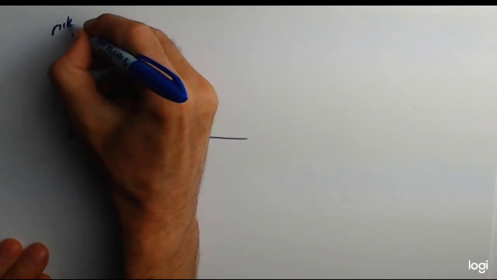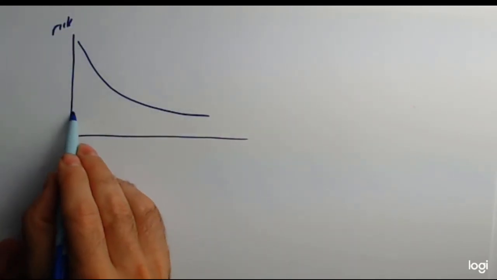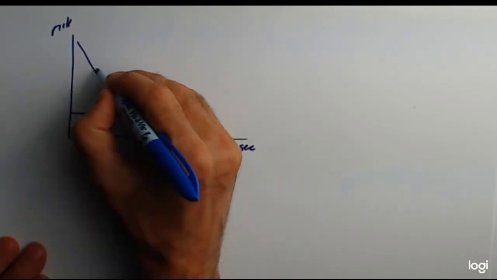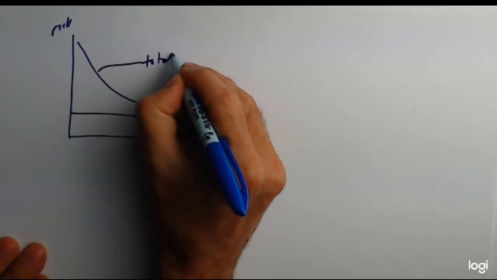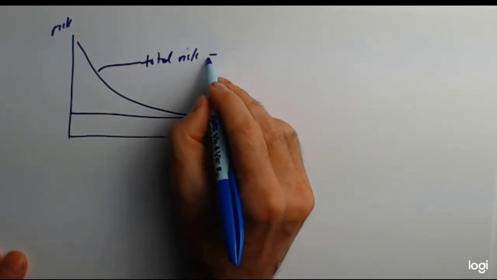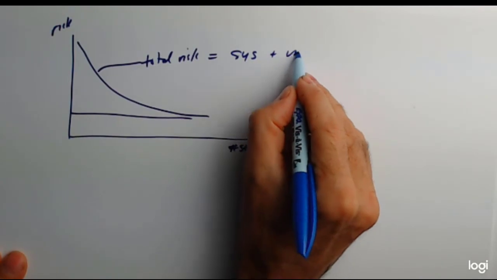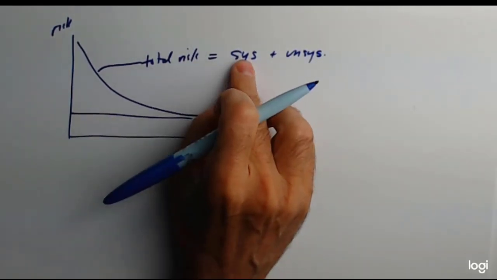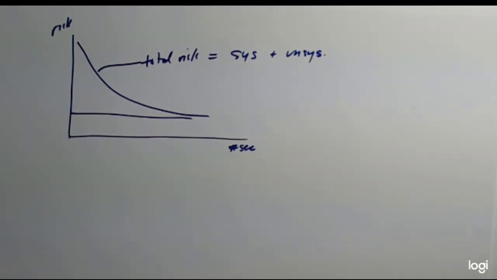We looked at risk on this sliding graph, and we said, look, this is the number of securities in a portfolio. This is total risk. And that total risk is equal to systematic risk plus unsystematic risk.